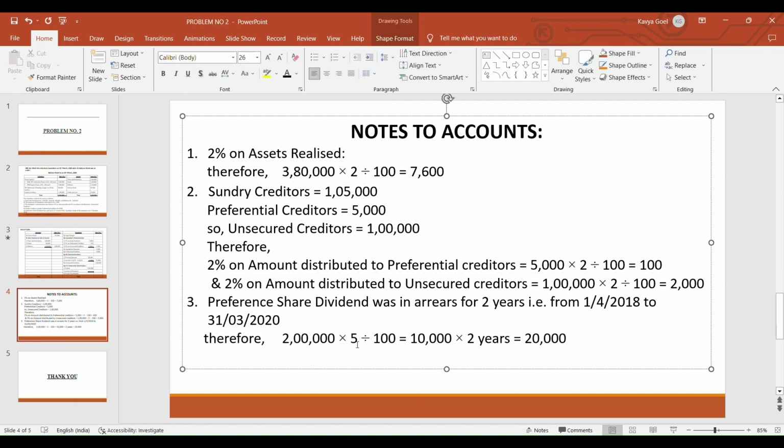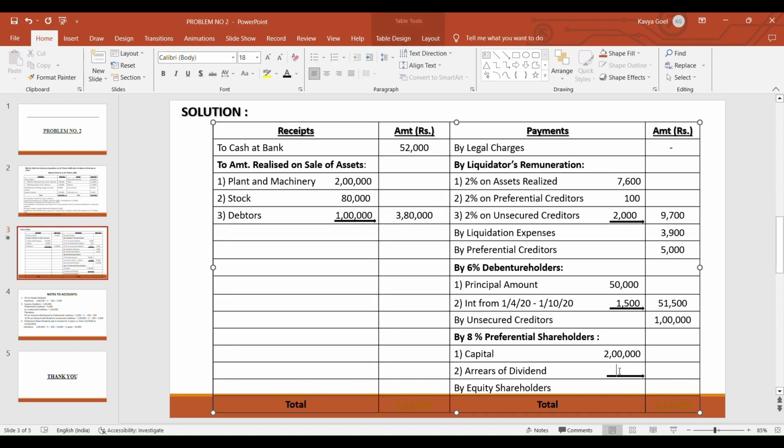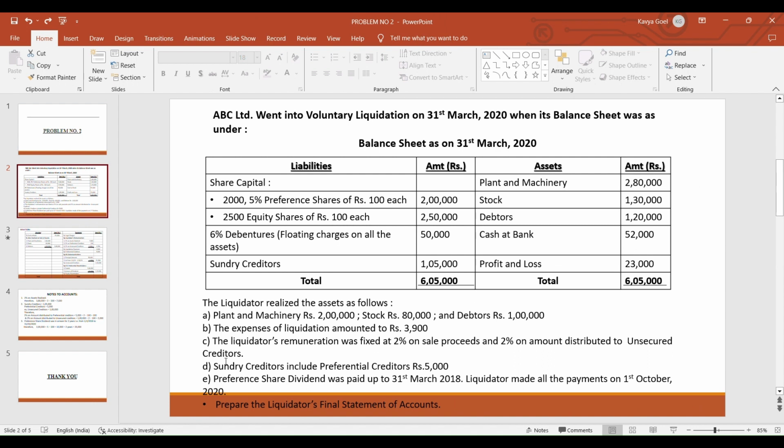Therefore, 2 lakhs into 5 divided by 100, which is 10,000, and the dividend was in arrears for 2 years. Therefore, we have multiplied it by 2, and then it has come to 20,000. Now we will take this amount and paste it under capital, which is 20,000, and in the outer column it will come 2,20,000.